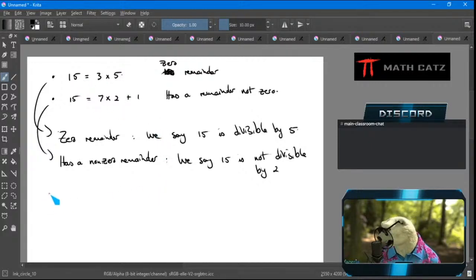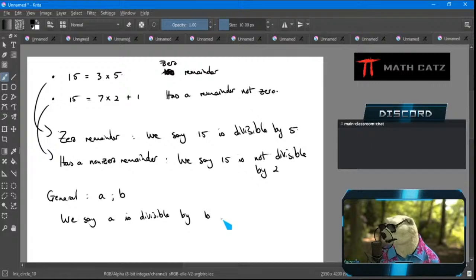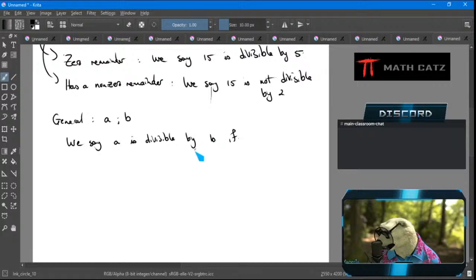Okay. So in general, I don't know what numbers I'm going to have. I'm going to have my large A and my B. We say A is divisible by B if my remainder is 0 when I write it according to my long division quotient remainder.